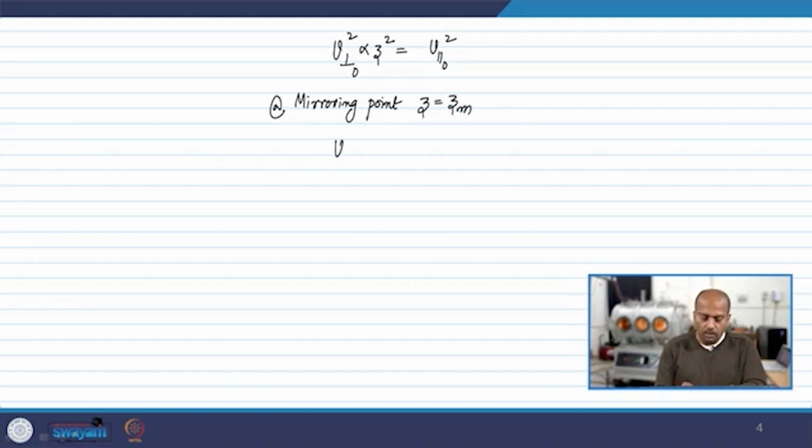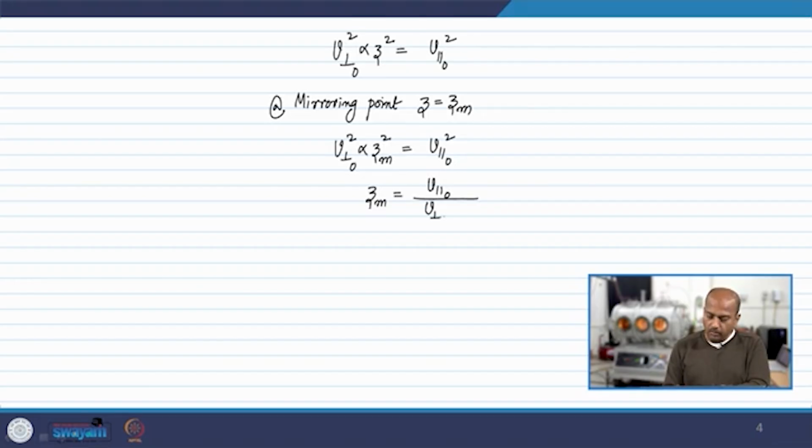So, V perpendicular 0 square alpha Zm square is V parallel 0 square. So, Zm can be written as V parallel 0 by V perpendicular 0 times square root of alpha.